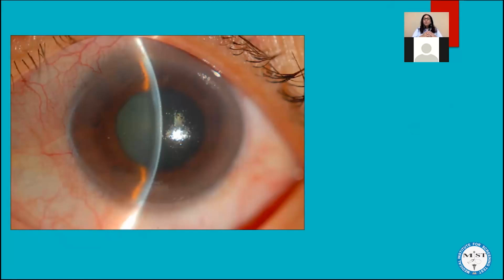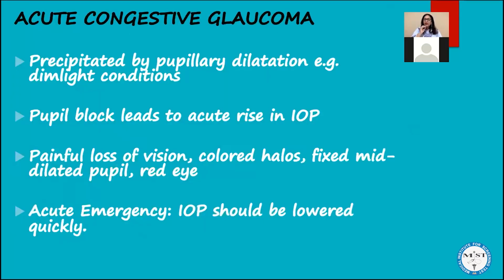The patient will have pain, red eye, and colored halos due to corneal edema. The pupil becomes dilated and fixed, and such patients have an acute emergency. They should be treated on an emergency basis to lower the intraocular pressure. So this is a special condition, acute congestive glaucoma.